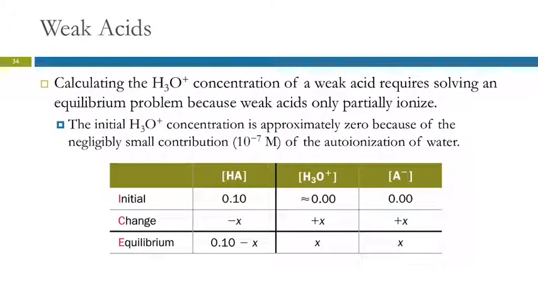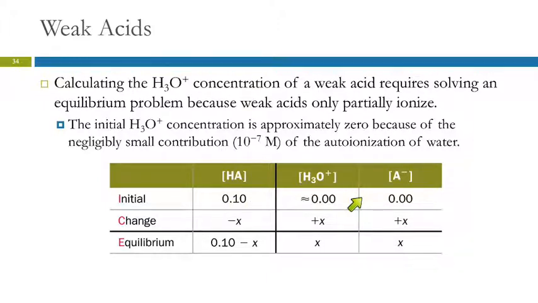Weak acids are a little more complicated because they are only partially ionized, and so it becomes an equilibrium problem. The initial hydronium ion concentration we usually say is approximately 0. So here we've got an ICE table for the ionization of a 0.1 molar weak acid.